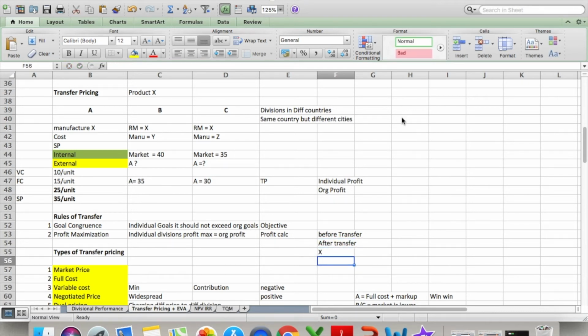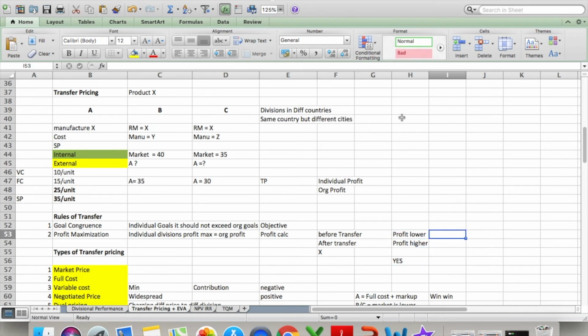And did the before transfer and after transfer create an increase in profit, or was there profit maximization that took place or not? If before transfer the profit was lower and after transfer the profit was higher, then yes to transfer price.